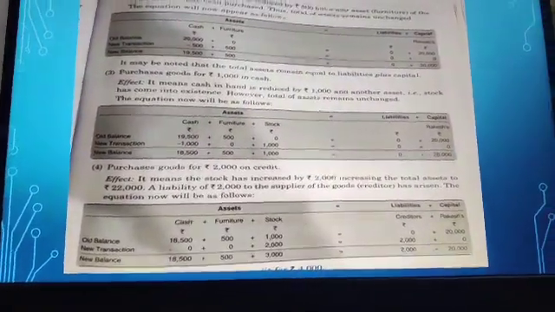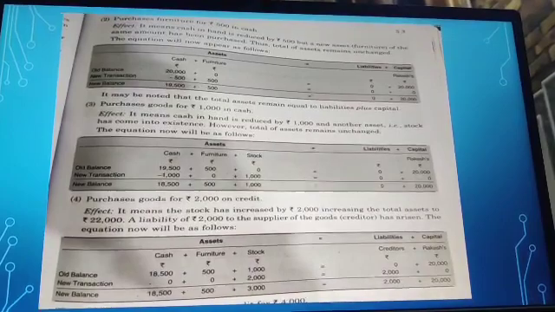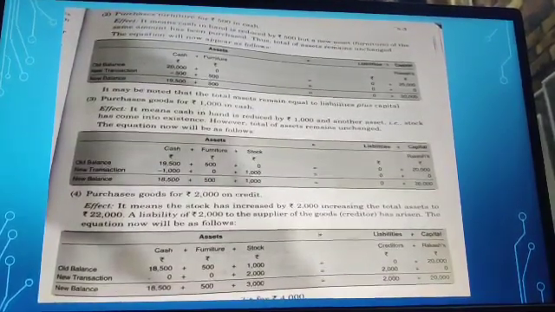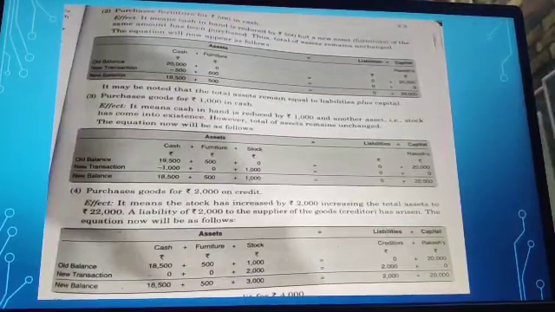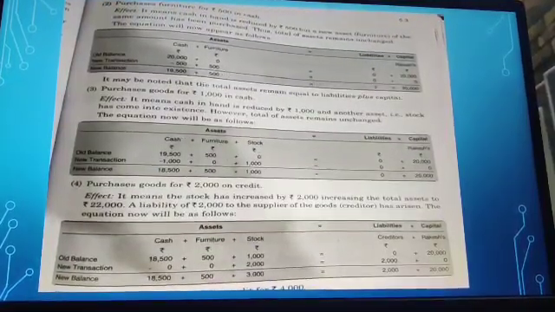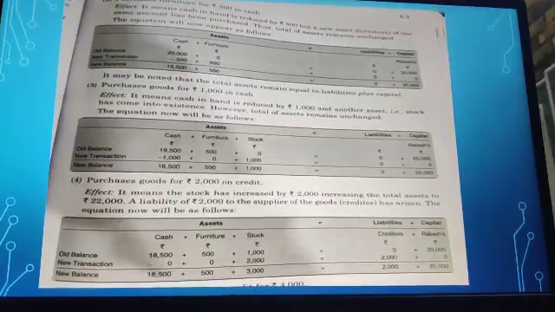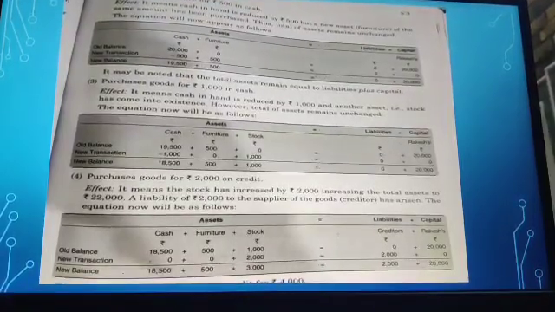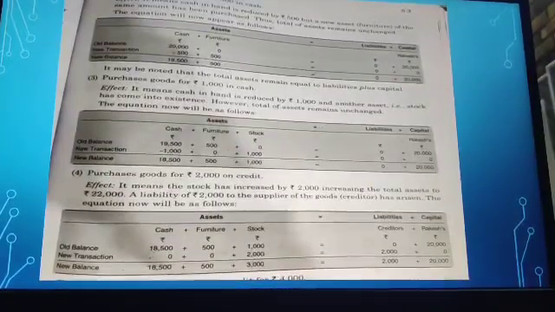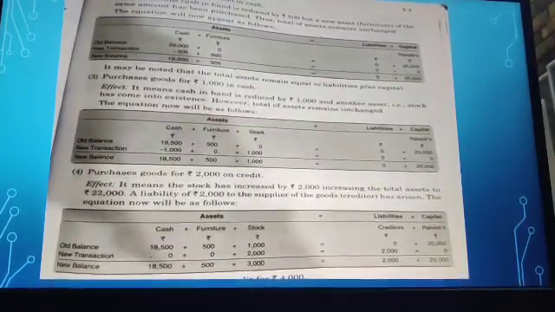One transaction, or the effects of a few transactions, have been discussed over here. Purchased furniture for rupees 500 in cash. As you can see over here, your old balance was shown as rupees 20,000, and there is a person by the name of Rakesh who has a capital of rupees 20,000.